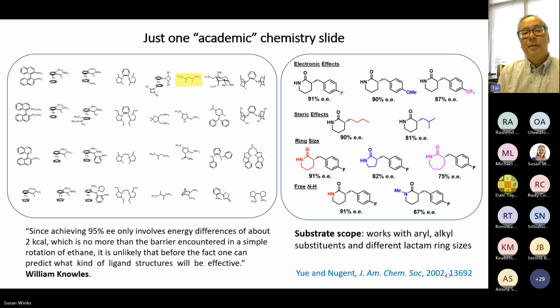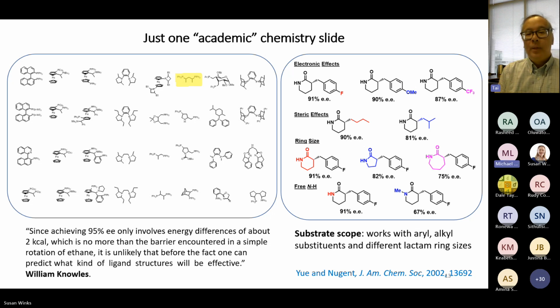So we moved on, with BDPP ligand with iridium, and tried to see if this system is generally applicable to other substrates. And the answer is kind of yes. So with different electronic effects on the substituent, different steric effects, ring size, it all worked quite well to give usable selectivity on this type of system.